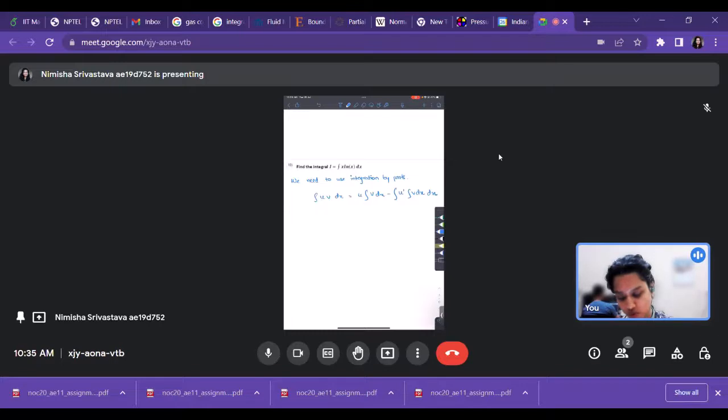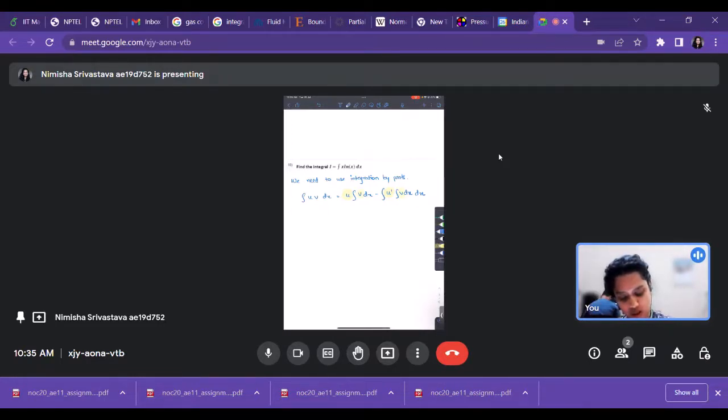What is important to note is that one of our functions undergoes integration while the other goes through differentiation. That is, we need to have a derivative of u, meanwhile we need to have an integration of v.